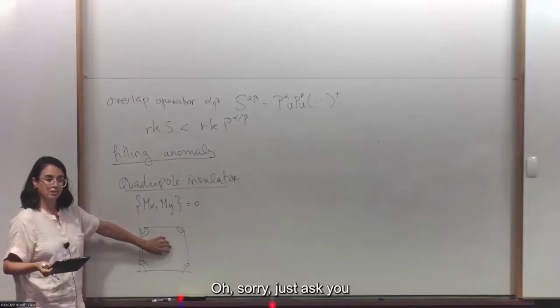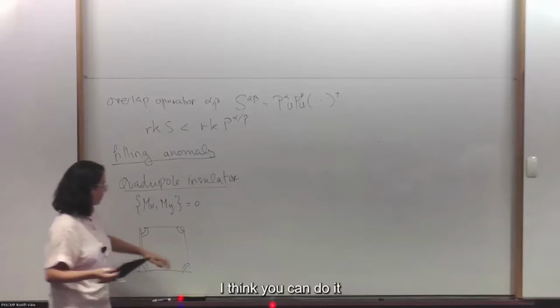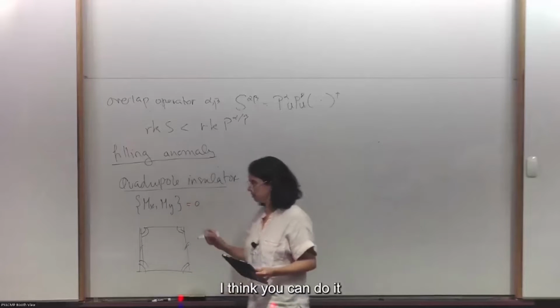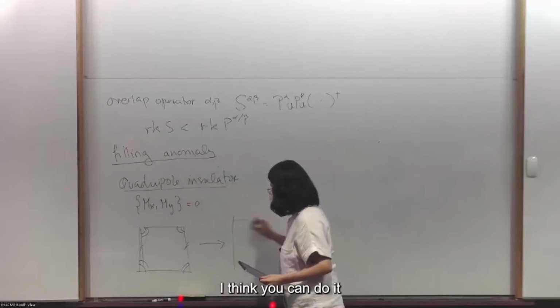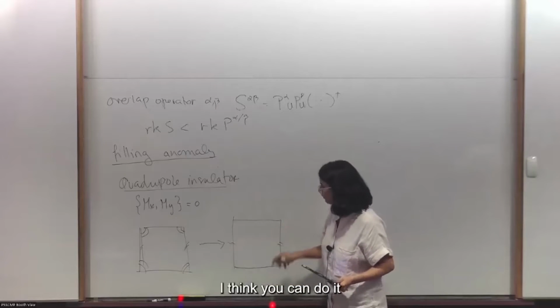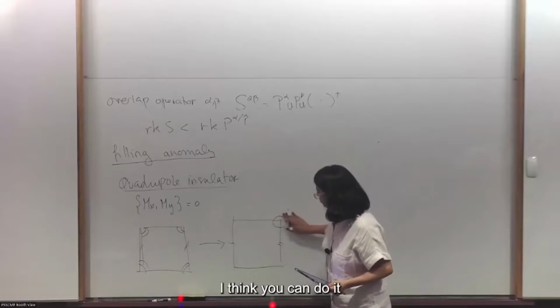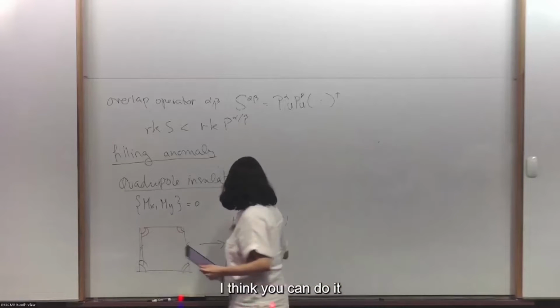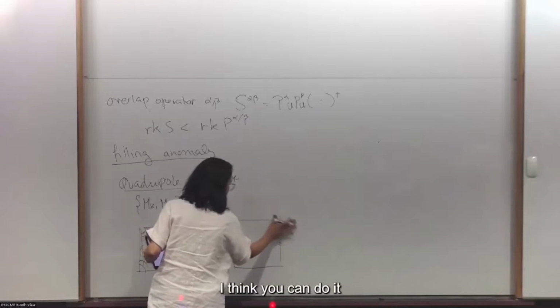But this type of anomaly is a bit more weird, because if I were to put periodic boundaries, and let me just do it here pictorially, something that I didn't do the other time. So these two are the same. Now, if I identify these two, I have one filled state here in the middle.